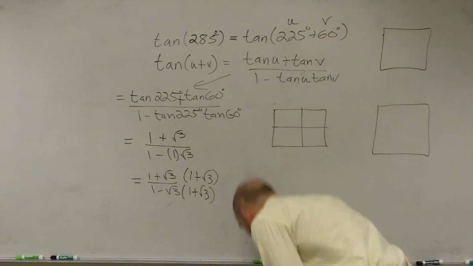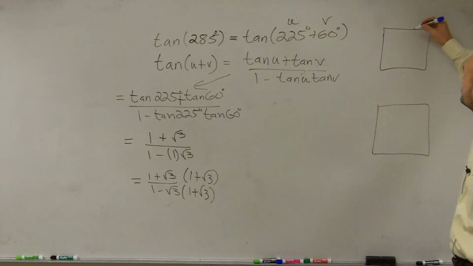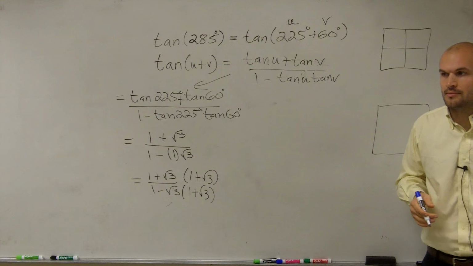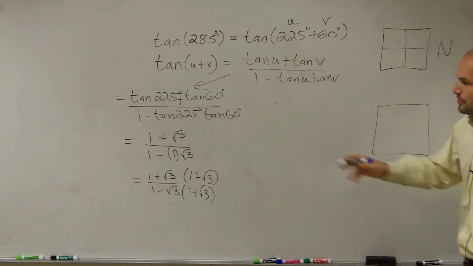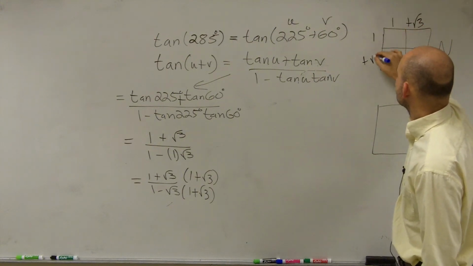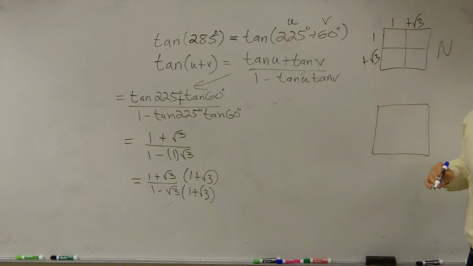So the box is really helpful when multiplying binomials. Rather than using FOIL, FOIL's fine, but I just notice a lot of students get it mixed up when using it. So this one will be for the numerator. So to do the numerator, I'm doing 1 plus radical 3 and 1 plus radical 3. And then what you do is just multiply your length times width to get the area of each box.